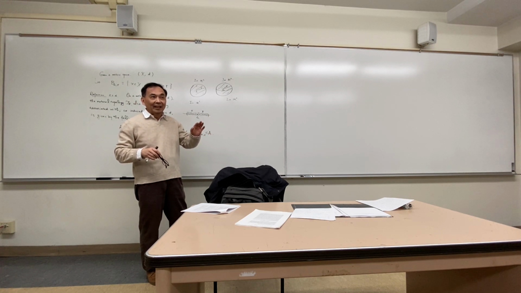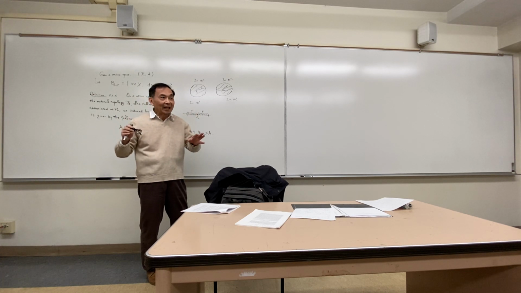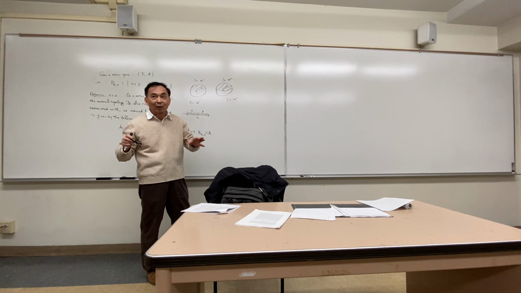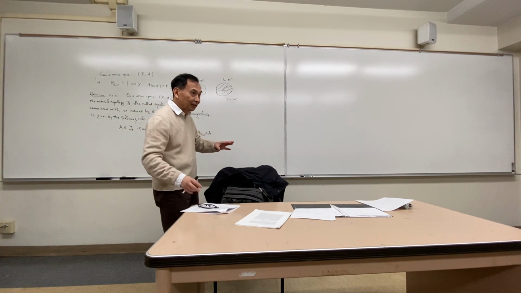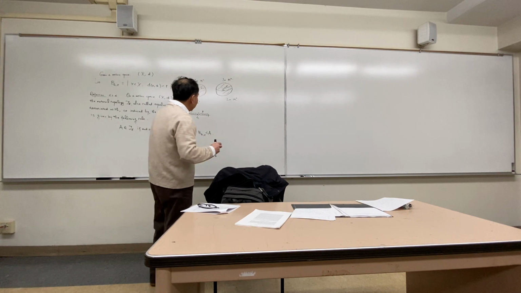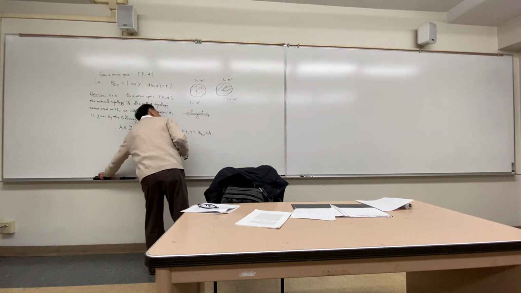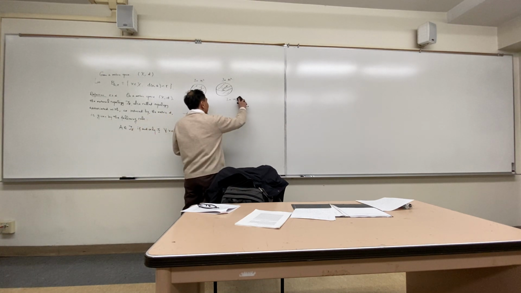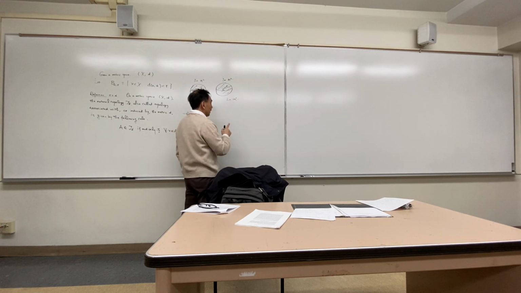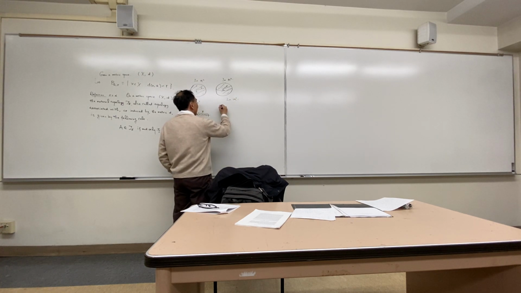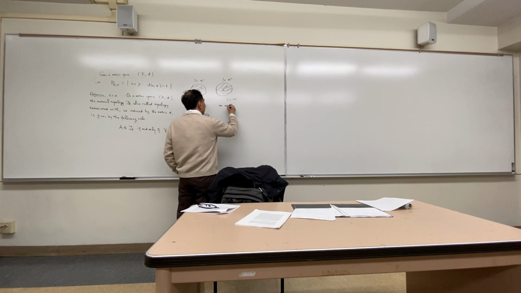I think we just talked about open sets in just the real numbers. So let's just talk about R^1 and then generalize to R^2. So here in R^1, what is an open set? Open sets are the collection of intervals, right?